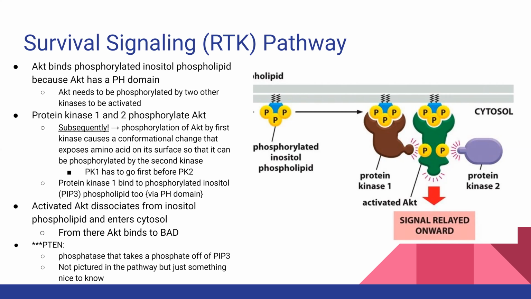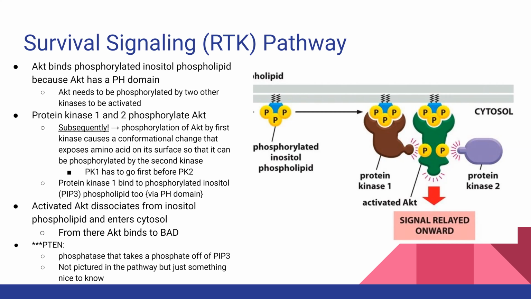I mean, the way I was taught this, and I can ask Saeed as well, but I think the way I was taught this a year ago was that the protein kinase 1 has to phosphorylate AKT first, then that causes the conformational shift in AKT, and that causes AKT's shape to change in a way so that the amino acids within the binding pocket where the protein kinase 2 will bind are exposed.